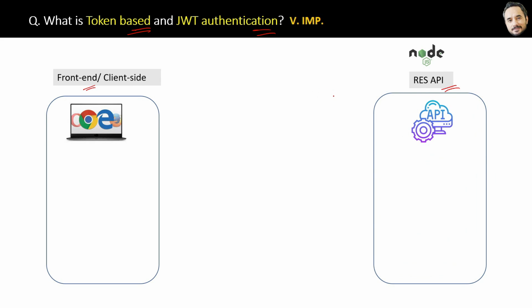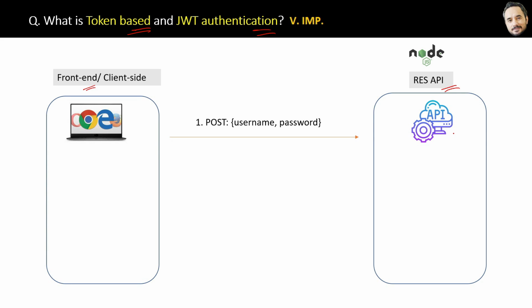First, the user will, from the client side, send the username and password through the browser to the API with a POST request. Now, of course, I'm not saying that the browser will send to the client and the client will send to the server. Basically, both together will send to the API server.